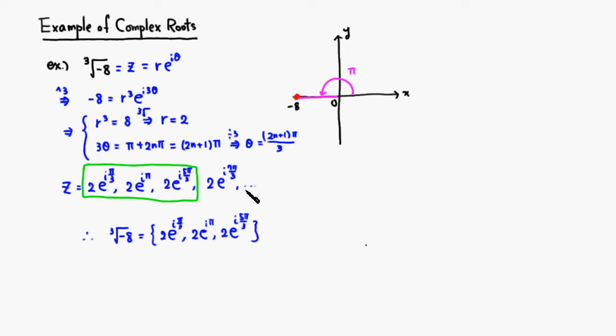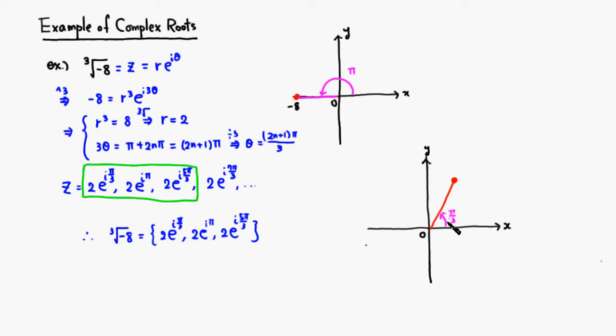If you want to write it in rectangular form, a plus bi, we can figure it out by drawing a picture. So here is the x-axis and here is the y-axis. The distance is 2, and the angle is pi over 3, which is 60 degrees, so we're talking about this point right here.